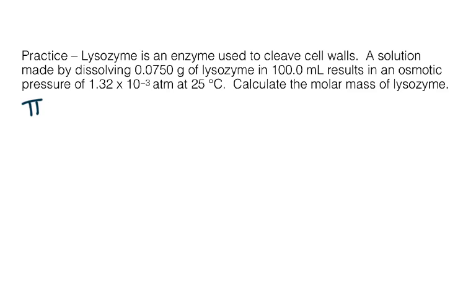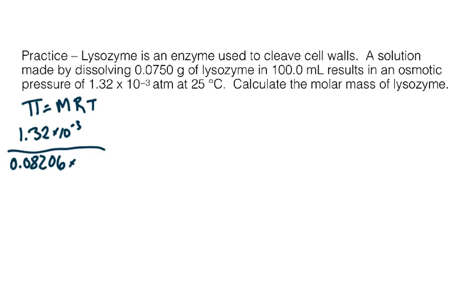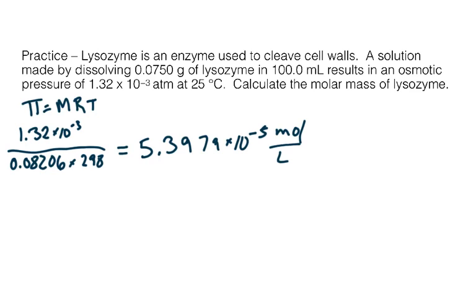Where our osmotic pressure is the molarity times R times the temperature. My osmotic pressure is 1.32 times 10 to the minus third, and I can divide that by my R, 0.08206, times my temperature, 25 Celsius, is 298 Kelvin, to get my molarity, which is 5.3979 times 10 to the minus 5 moles per liter.